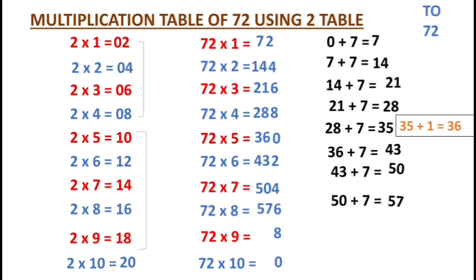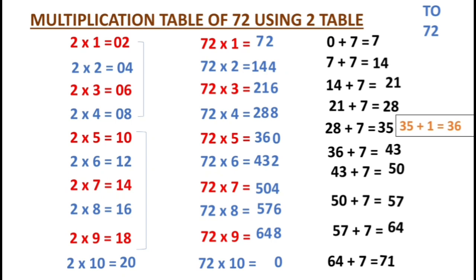72 8s are 576. 57 plus 7, what is the answer we get? 64. 72 9s are 648. Now 64 plus 7, what is the answer we get? 71. Here the tens place is changing from 1 to 2. 2 9s are 18, 2 10s are 20.